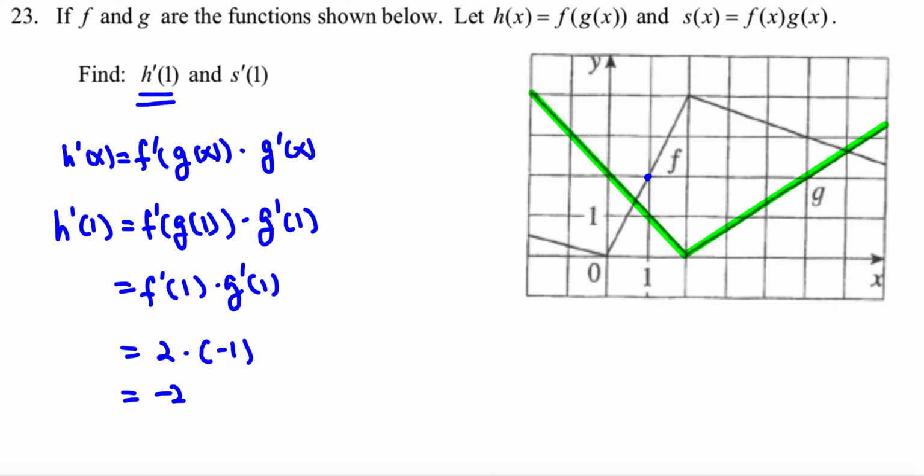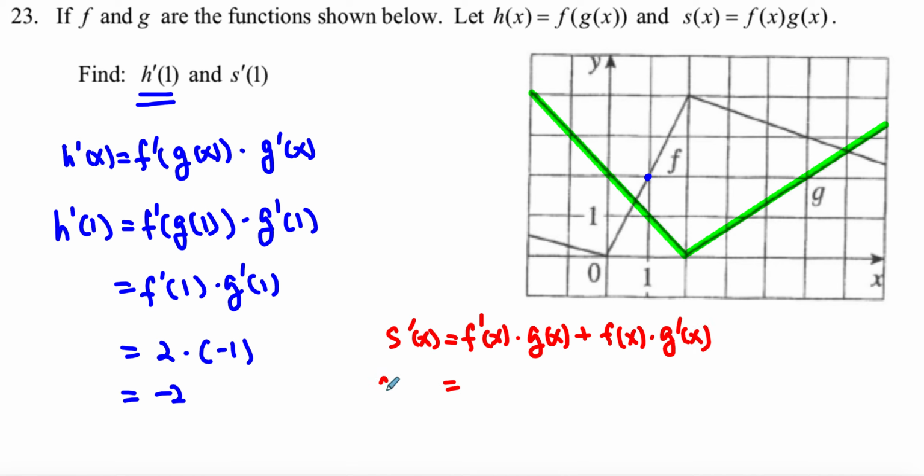Let's go for s prime. In the case of s, it's a product rule. So s prime of x is equal to f prime of x times g of x plus f of x times g prime of x.